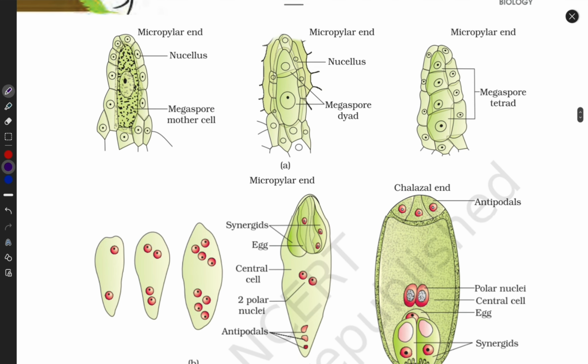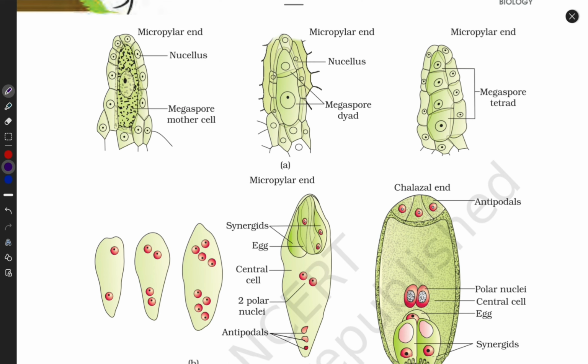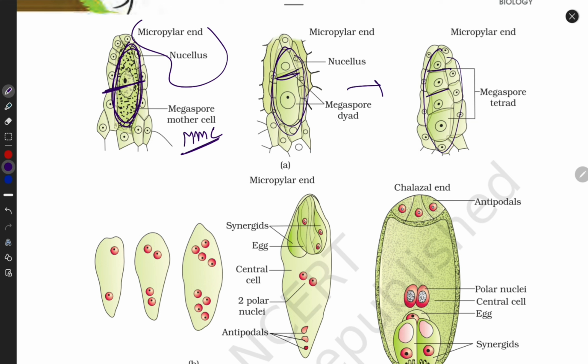Avoid these things. Focus on the MMC, megaspore mother cell. This is one cell or not? This cell divides and makes two cells. Yes, clear? And this cell divides into four cells, means they form a tetrad. This is the same to same. Microsporogenesis same and megasporogenesis same.